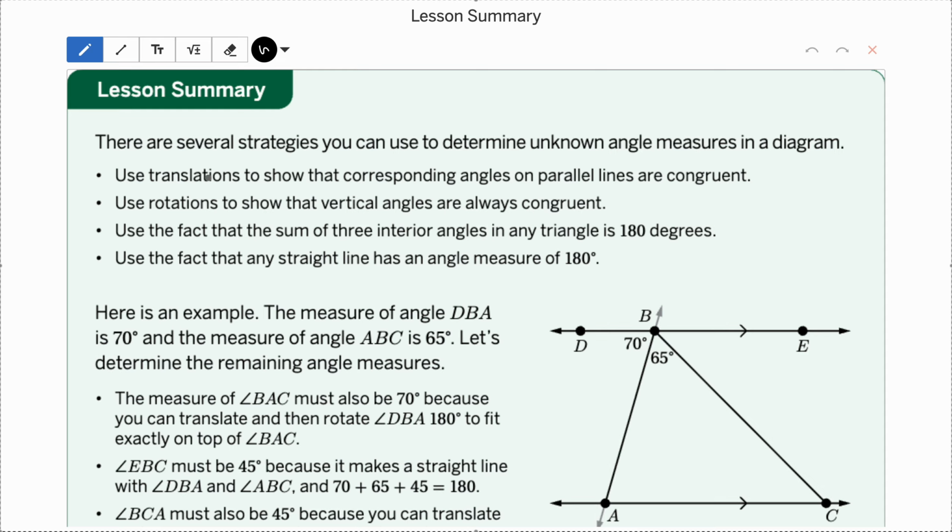So if a triangle is 180, I'm adding 115 and 135. What do they equal?